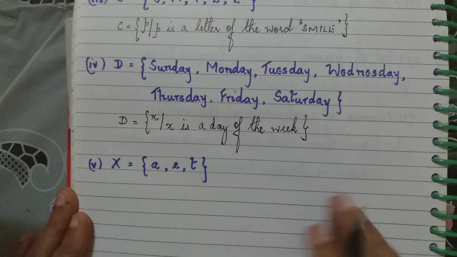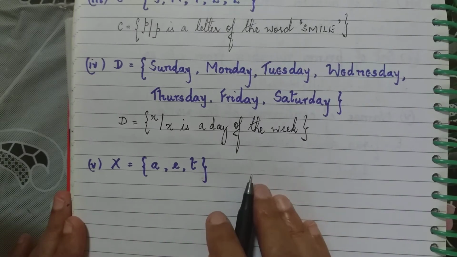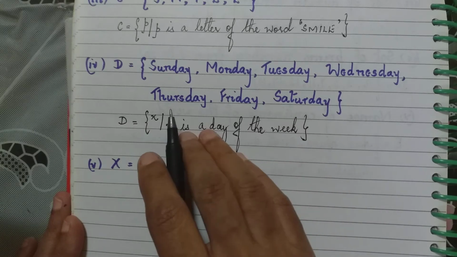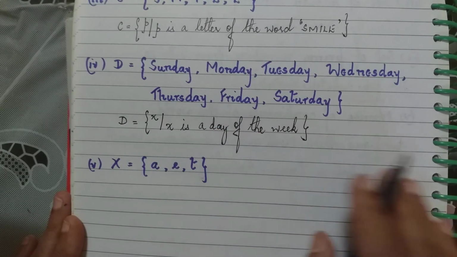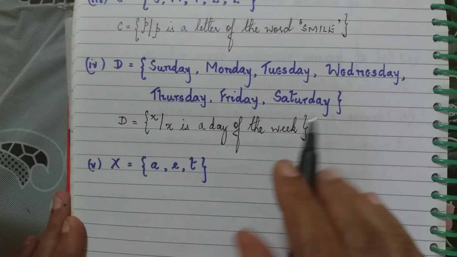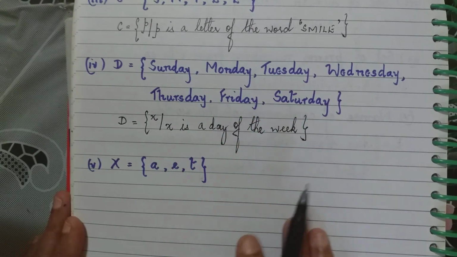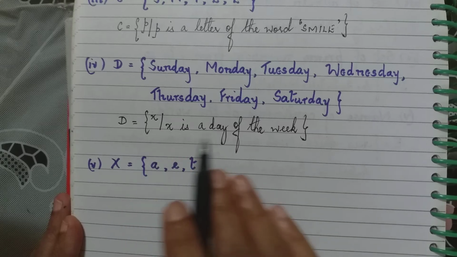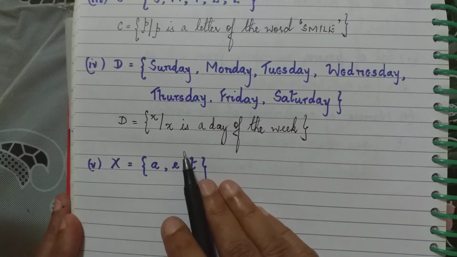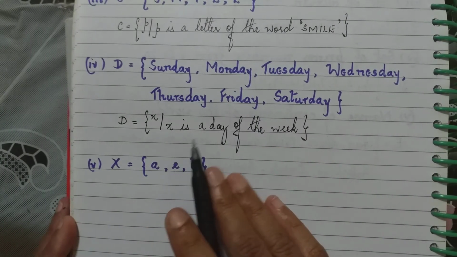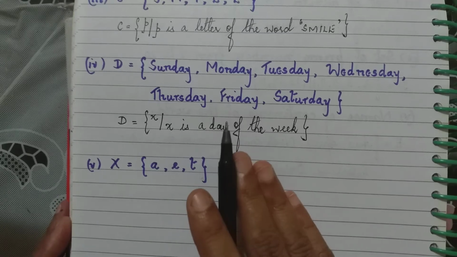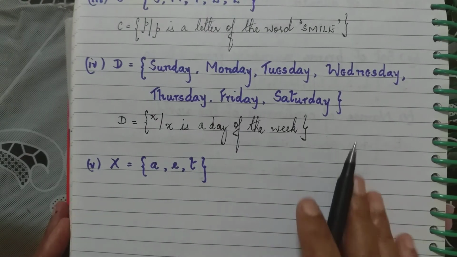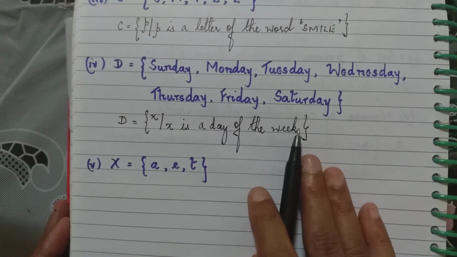You can change the example there and write it as a month of the year and write down all the months of the year, January, February, March up to December. So it's not necessary that we should always use the same example which are in another question. Here I have used it. It's okay, you can always write a different example because in the third question they said write any two sets in the roster or listing method as well as rule method. So you could take that as an example.